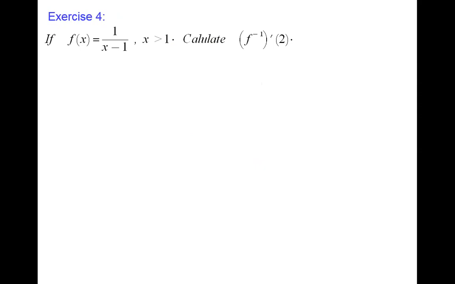The first question. If the function f of x is defined as 1 over x minus 1, and x is greater than 1, that's where we can see we did restrict the domain, then calculate the derivative of the inverse at 2. This function is not bad.